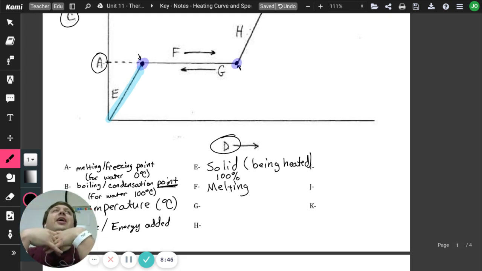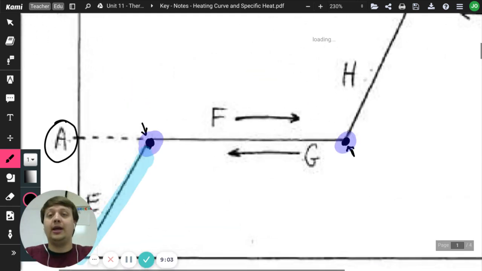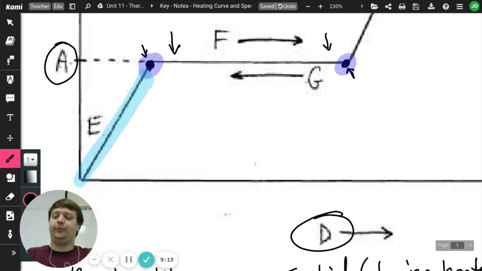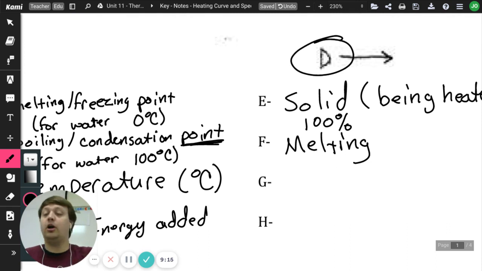We know that ice does not immediately melt all at once, right? It takes time for that ice to completely melt. And so we see that phase change occur over a period of time, as we're adding energy, as it's absorbing energy, okay? And so, for example, on this end right here, we would see more solid, versus this end down here, we would see more liquid, okay? During that phase change, we would call that melting.